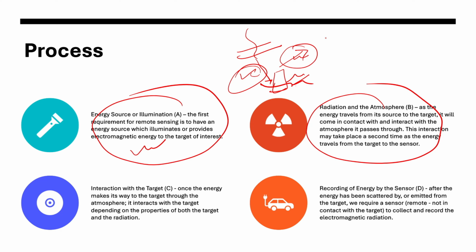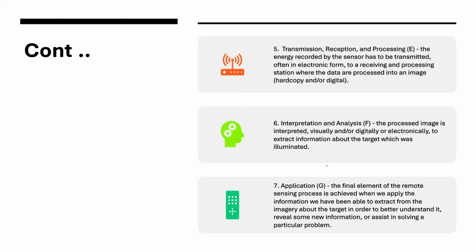Then there is a sensor, and the recording of the energy by the sensor. After the energy has been scattered by or emitted from the target, we require a sensor remote, not in contact with the target, to collect and record the electromagnetic radiation. After the sensor collects the information of the earth surface, it transmits the signal, and this is called transmission. Then the ground station receives the signal, which is called reception, and it processes the signals, which is called processing.